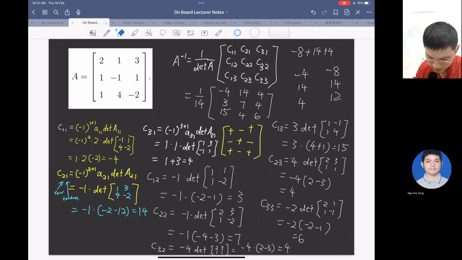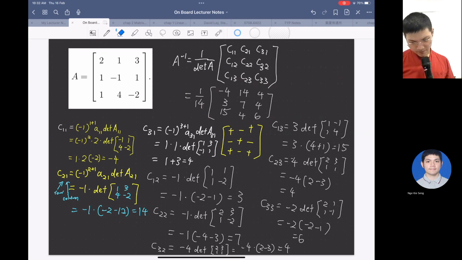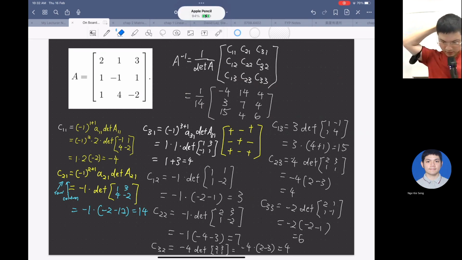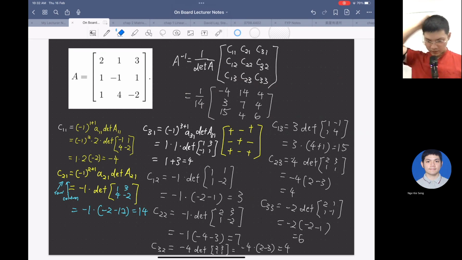Anyone got the same matrix or a different matrix?